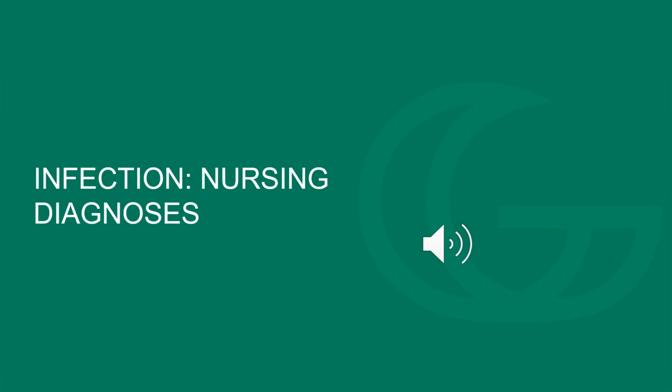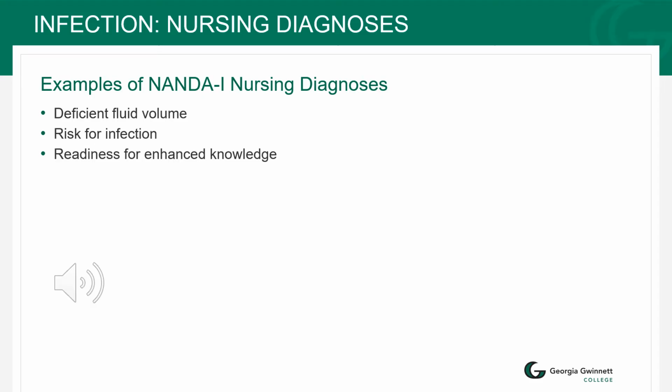Now let's look at nursing diagnoses for the concept of infection. The potential for infection, or the actual presence of infection in a patient, are nursing diagnoses. Remember, this semester we're learning all about the nursing process, or the ADPIE.